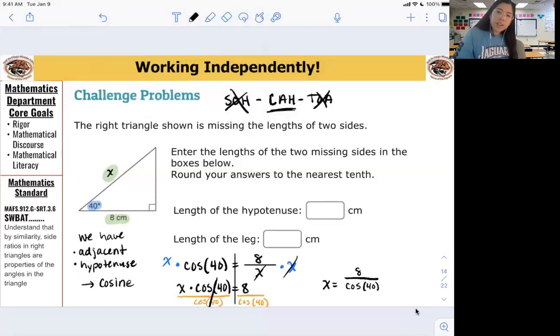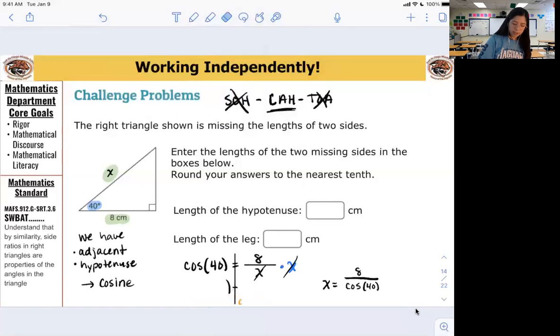Does that make sense, Jalen? Do you feel a little better now? A little bit? Okay, I'm going to show you a trick. I'm going to go back to where we started. In our original equation, x was in the denominator, right?